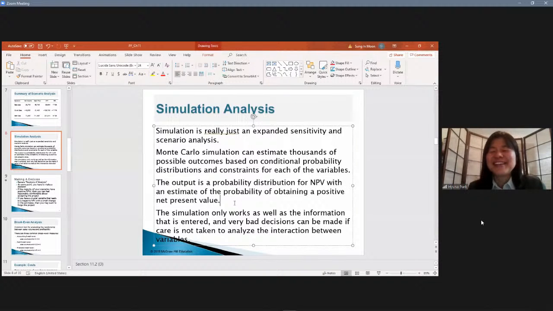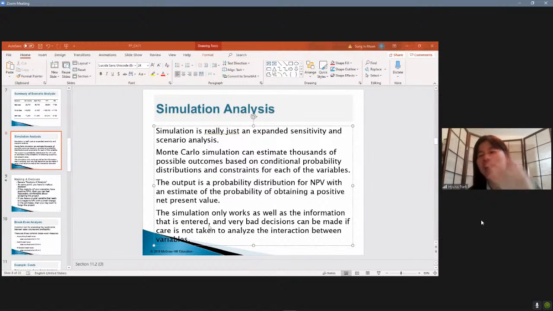But when you apply this kind of complicated methodology, always remember that to get a good outcome, the input should be of good quality. Complicated methodology itself will not help us much if we are using garbage as input. That's what I emphasized here. The simulation we just mentioned works only as well as the information that is entered. So the input variables should be of high quality.